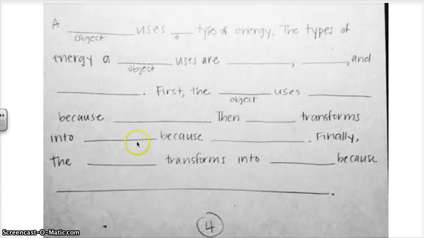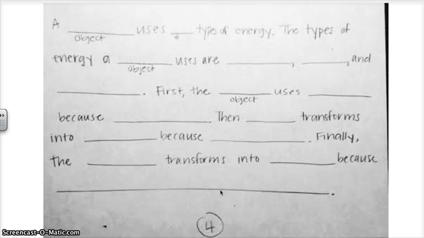Then blank transforms into blank because. Your last sentence should read like this. Finally, the blank transforms into blank because, and you're going to explain why. I know this is overwhelming. It's a lot of writing. I'm going to show you my example and hopefully it'll help out.